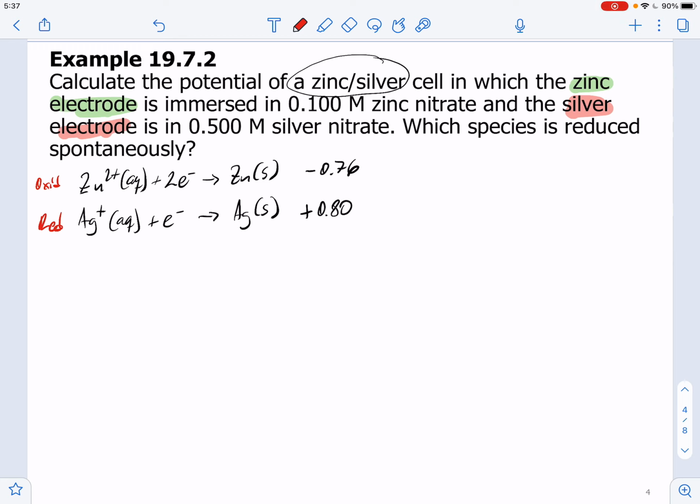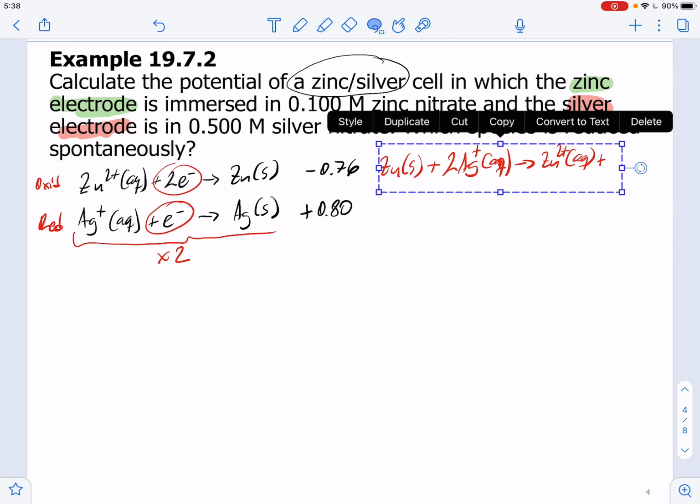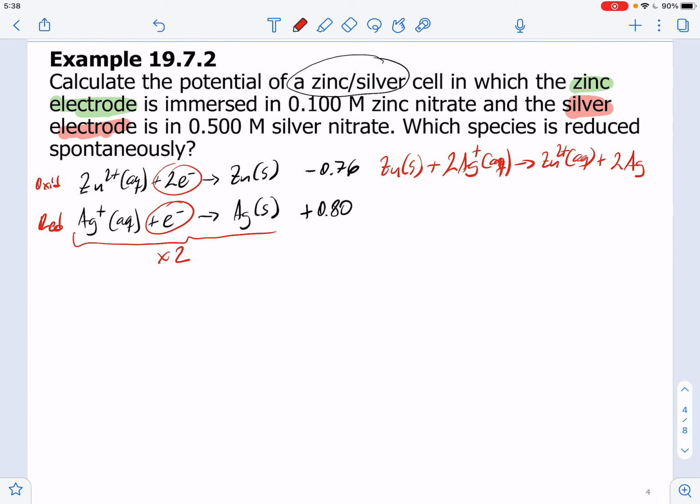Notice that the silver reaction has to be multiplied by 2 so that you have the same number of electrons. So your reaction is solid zinc plus 2 silver ions going to zinc 2 plus plus 2 solid silver.